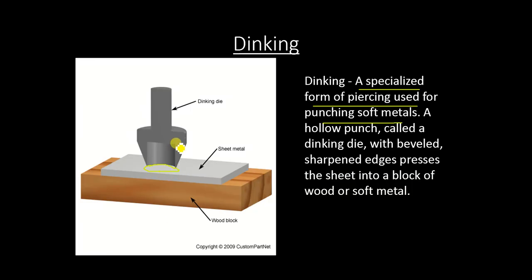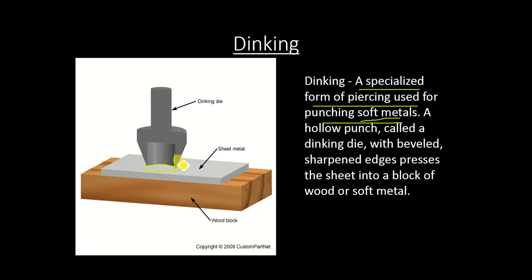Clear? Now we are utilizing this technique for soft metals. You can see over here this kind of piercing technique. If you remember, piercing is a technique of removing holes or scrap from the metal. Clear? So this is a soft metal, and for soft metals, the dinking process is applied for piercing out the material. Clear? And the die which is hitting the sheet metal is actually beveled.